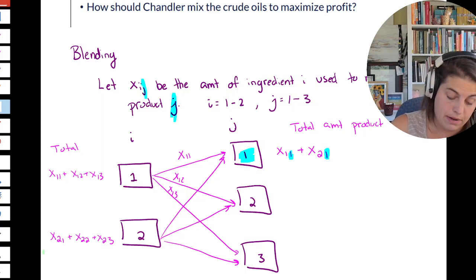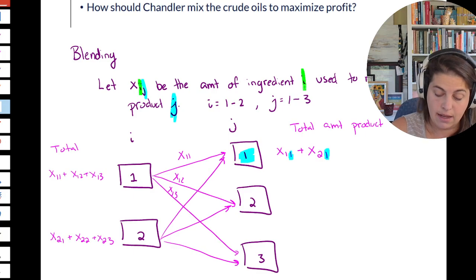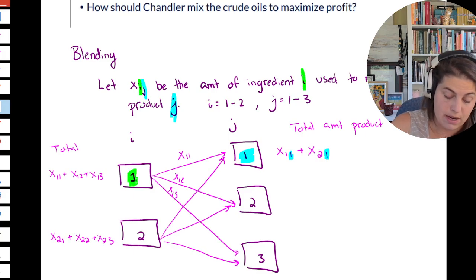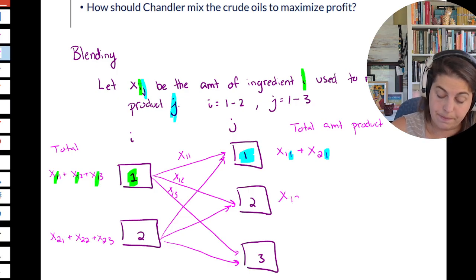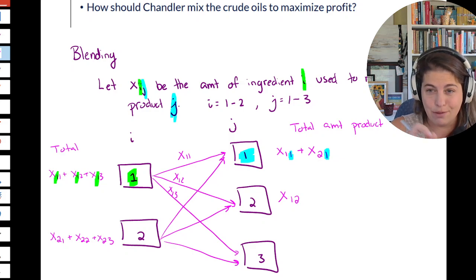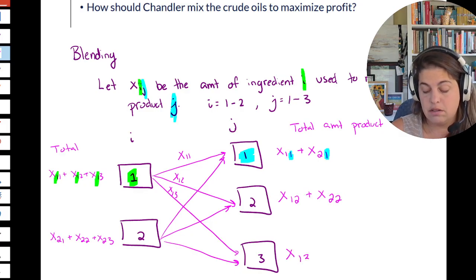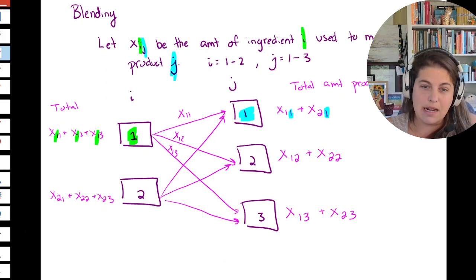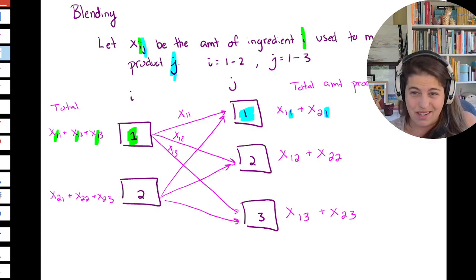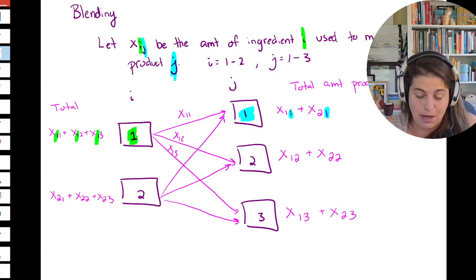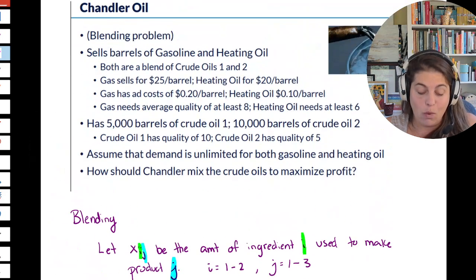When I am talking about ingredient i, if I'm talking about ingredient 1, then that i spot is all 1s, right? So the amount of product 2 is the amount of ingredient 1 going into product 2 plus the amount of ingredient 2 going into product 2. Same thing for product 3. If you have this visualization, you can see why this looks so similar to a transportation problem, and it can be quite helpful for the rest of the solution here.